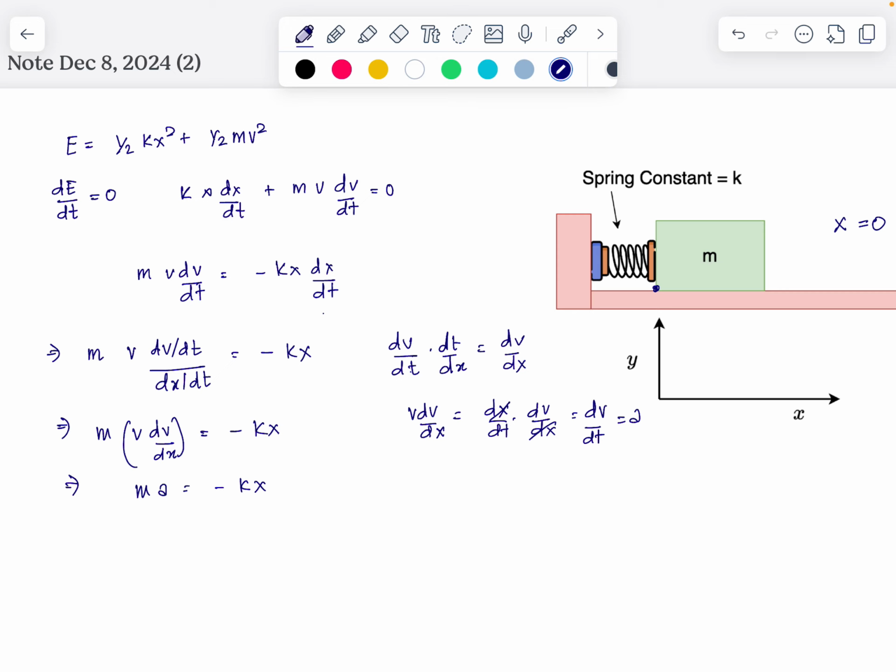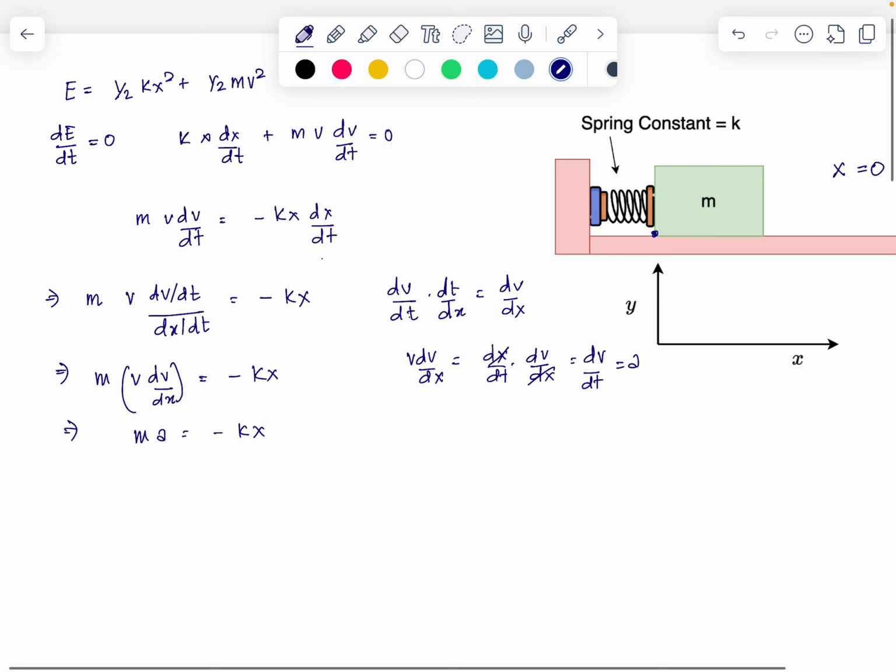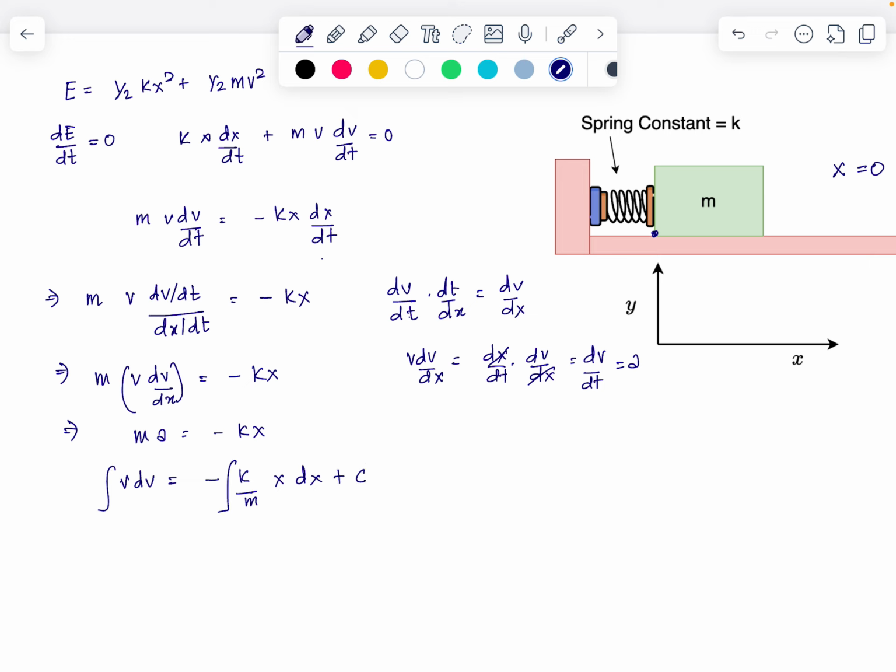So we know that the equation is consistent with Hooke's law, but nevertheless let's continue. Rearranging terms, v dv equals minus k divided by m times x dx. Then we integrate and add a constant term.